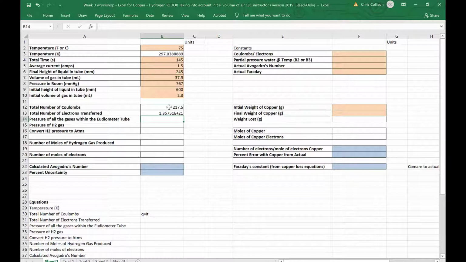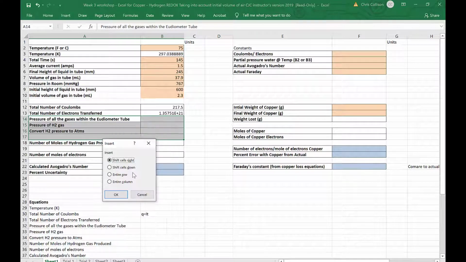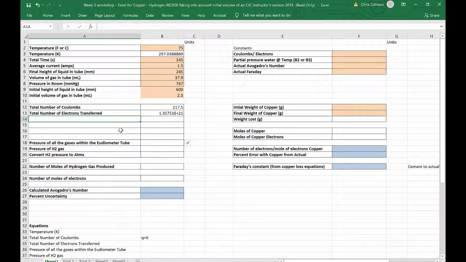Now, this is the point where I'm going to modify the sheet a little bit. I'm going to insert room for 4 additional entries. And I'm going to type in here the pressure of all gases in the tube initially. Okay, so I've added the following measurements.